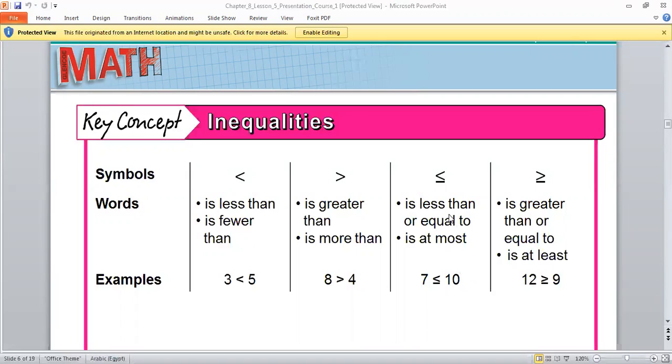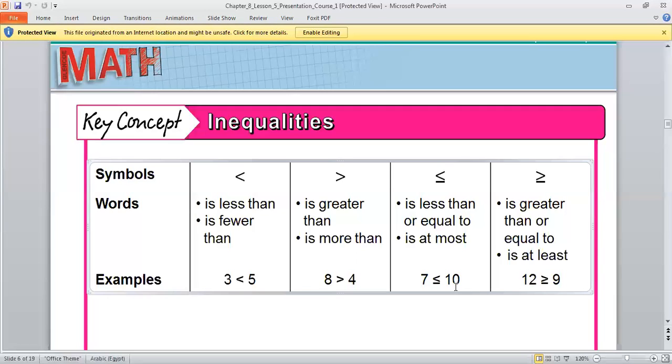Here we have 7 is less than or equal to 10, or I can read it as 7 is at most 10.